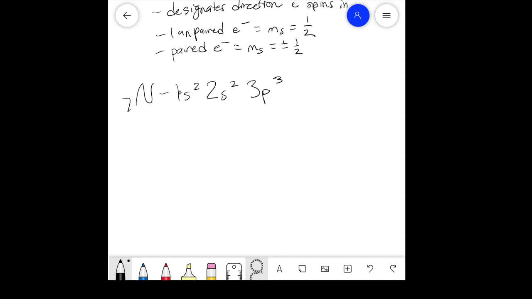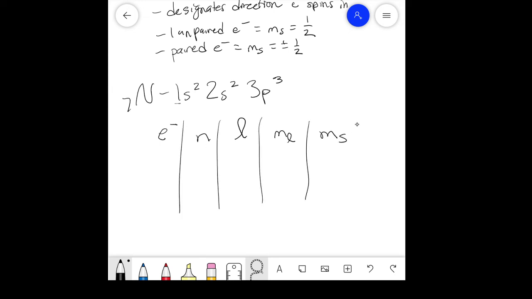So remember, this is our energy level, and then this is how many electrons our sublevel can hold. The best way to go about these is to make a chart. So we have what electron we're doing, our energy level, our sublevel, our magnetic, our orbital, and then our spin. So that's our little chart.